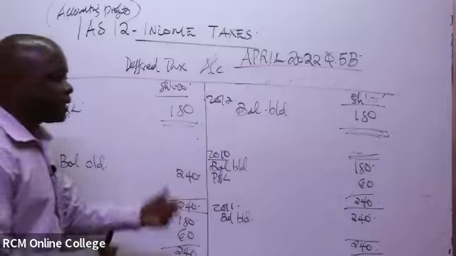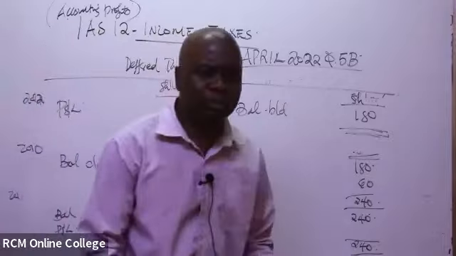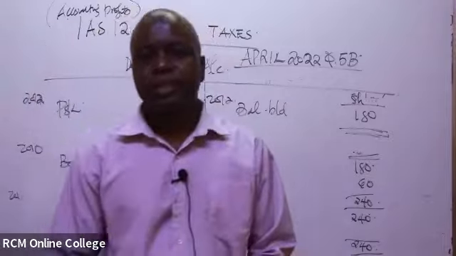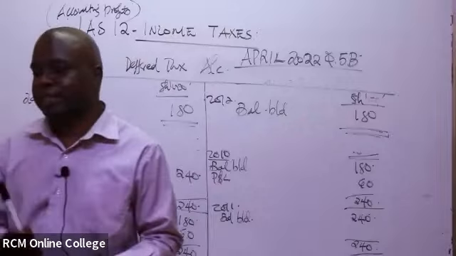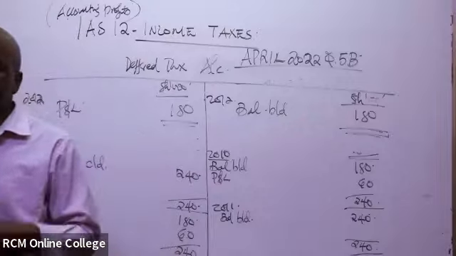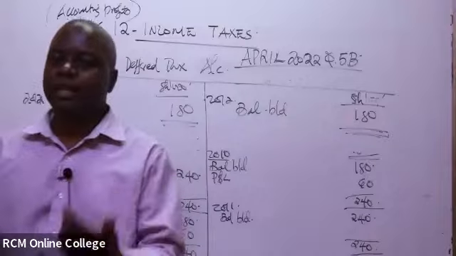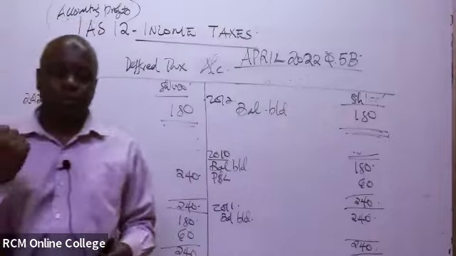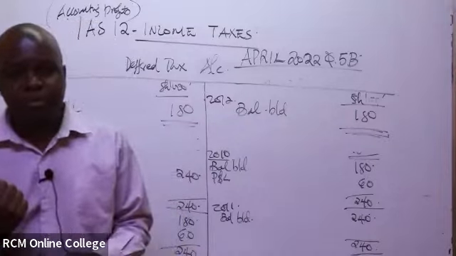But it's just double entry. It's the concept of double entry. We say that in double entry, when one account is debited, there's another account having to be credited. It is the rule of thumb.